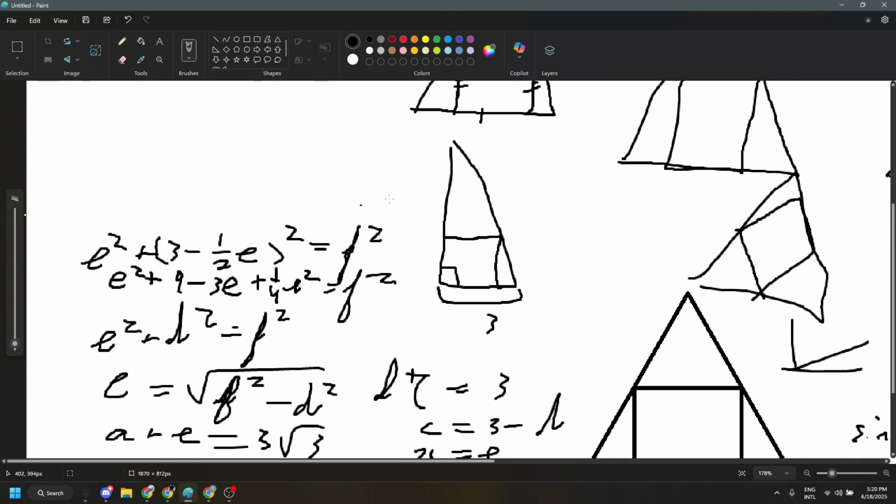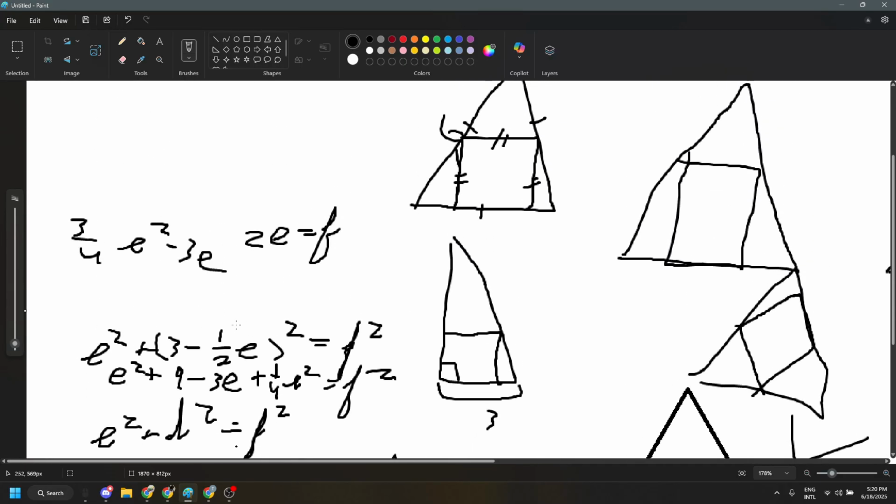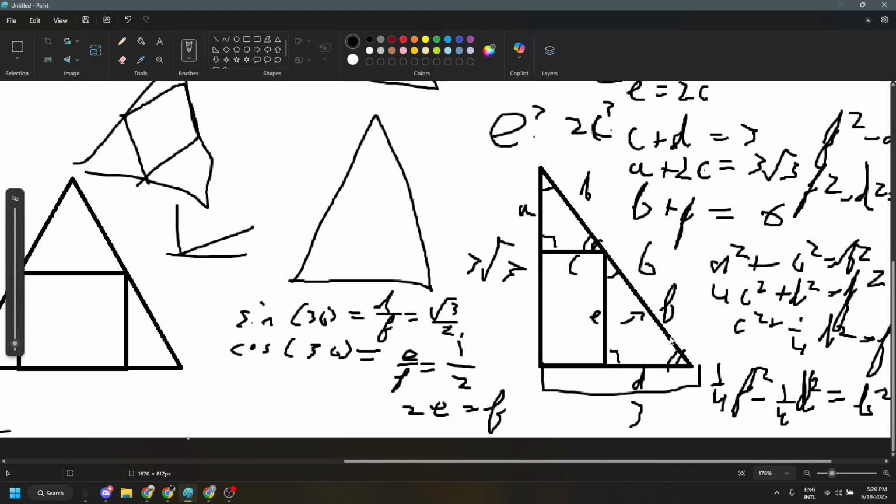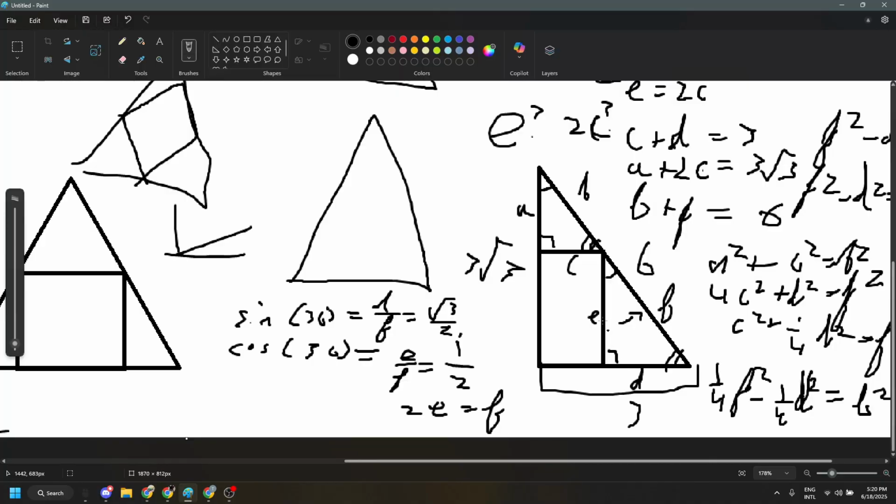And then here we put in 2E. So we have 3 over 4 E squared plus, or minus 3, why am I doing a quadratic? E squared plus D in terms of E. We need these two, right?